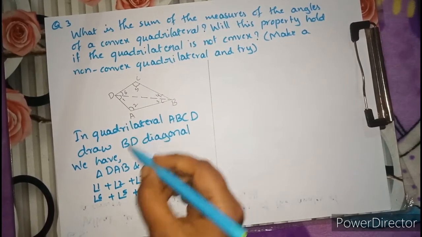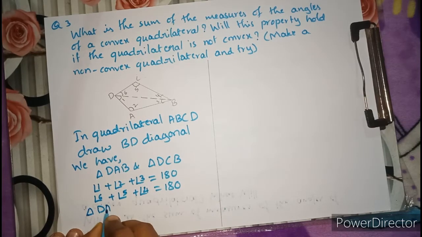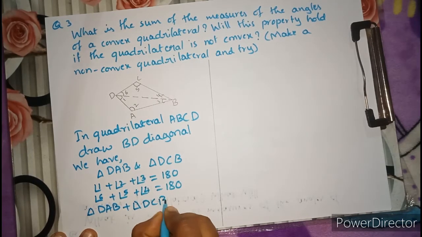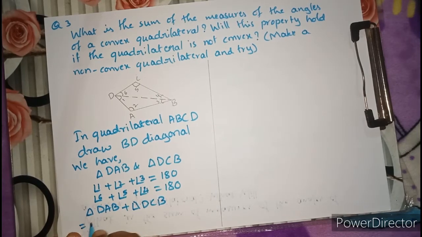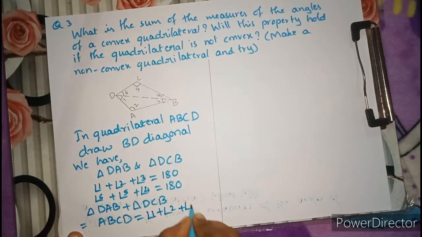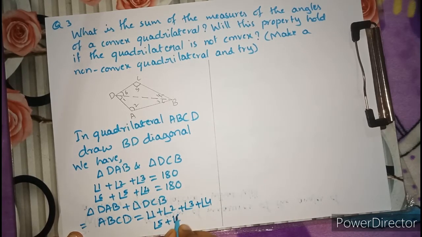So triangle DAB plus triangle DCB is equal to quadrilateral ABCD, which is angle 1, angle 2, angle 3, angle 4, angle 5 plus angle 6.